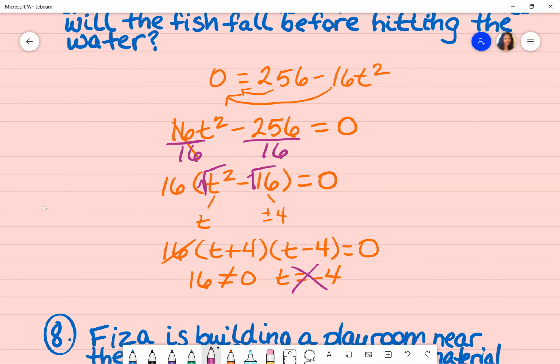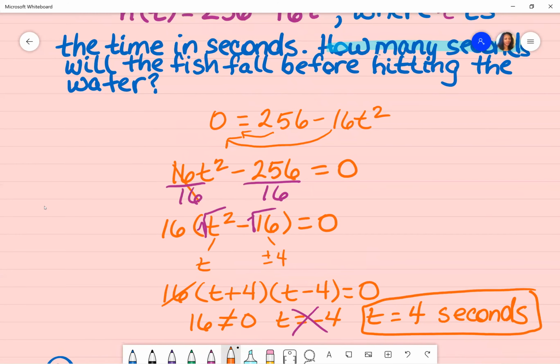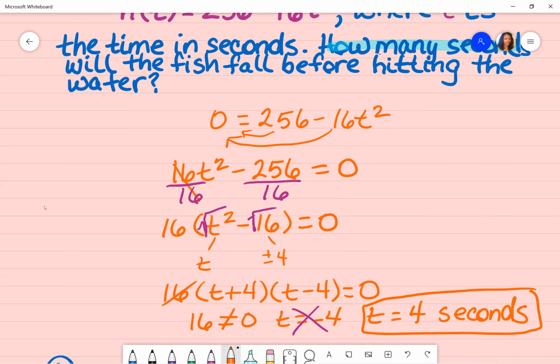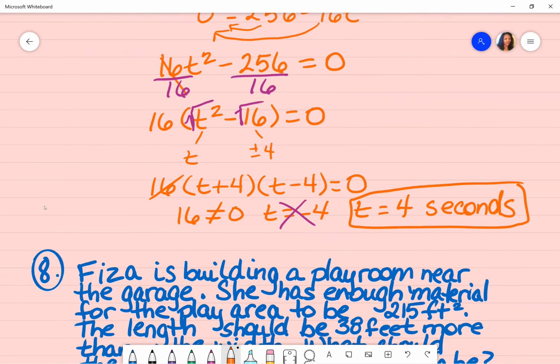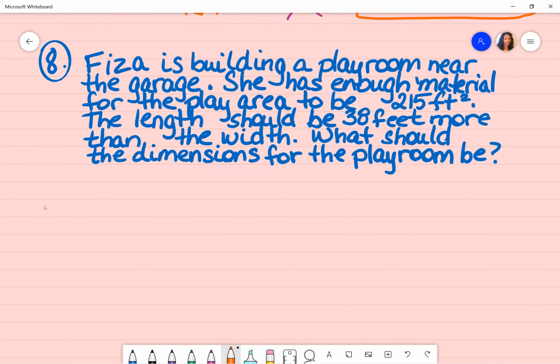So I can get rid of that. And then the last one, I changed the sign in front of my constant. So t is equal to 4. My answer is it will take 4 seconds for the fish to fall before hitting the water. So 4 seconds. My last example.